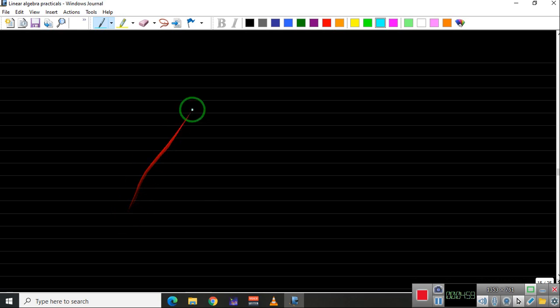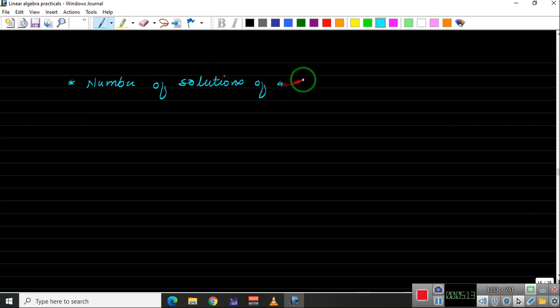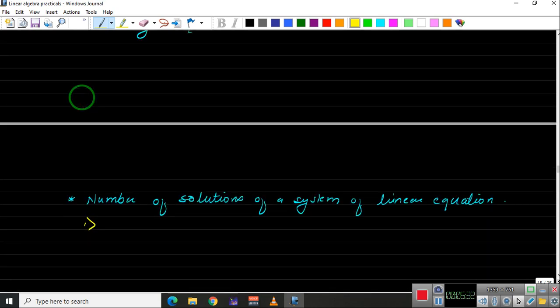Let me write this. The number of solutions of a system of linear equations. Always remember, this is very important, a very basic thing. Let me put one more point here.